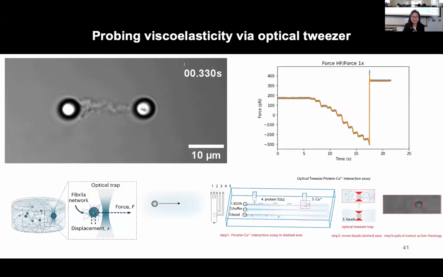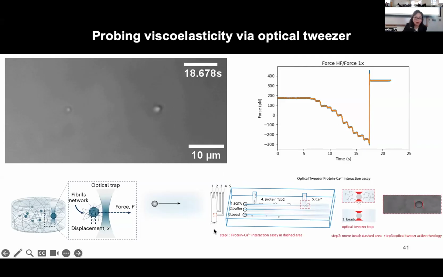So what I do is use optical tweezers to characterize the whole system. How I do this is I use a microfluidic channel. Using this microfluidic channel, we can freshly form the TCB2 at the right calcium concentration in the yellow box here. And then we can embed the optical tweezer beads into the system.